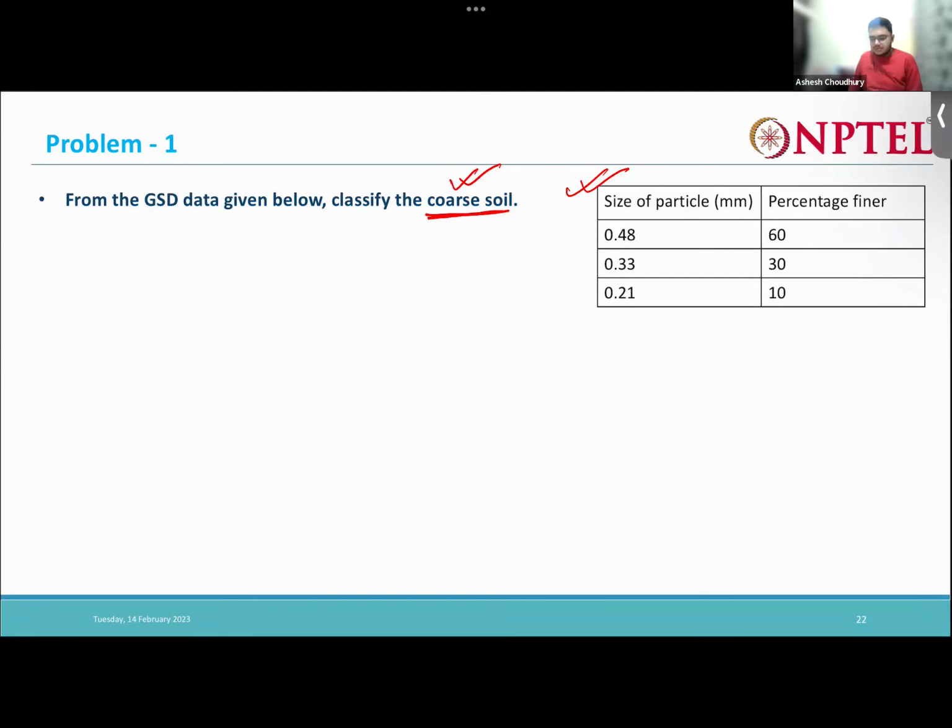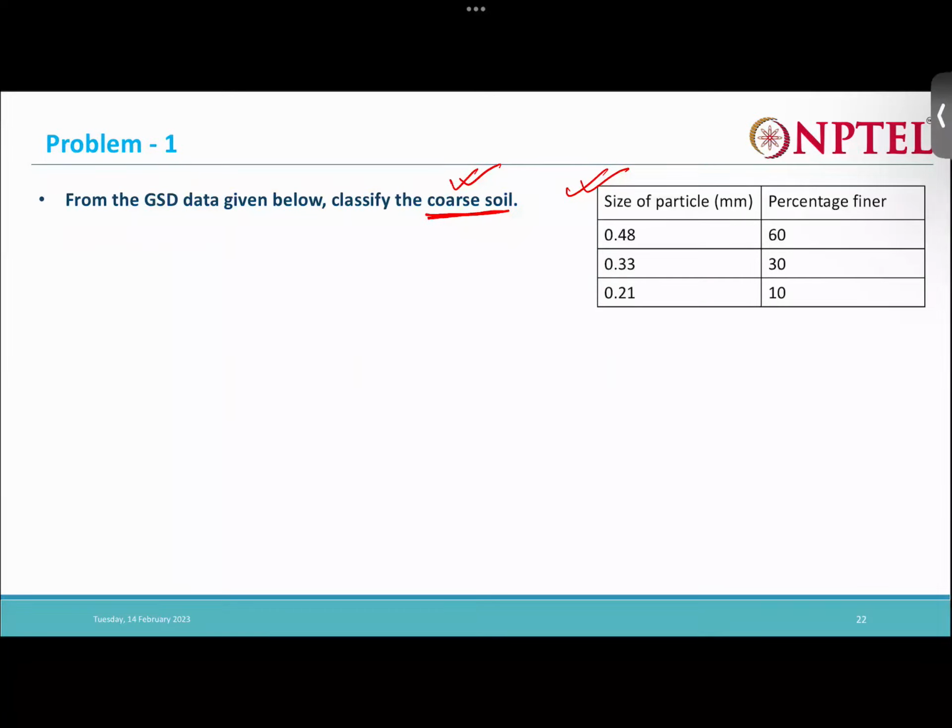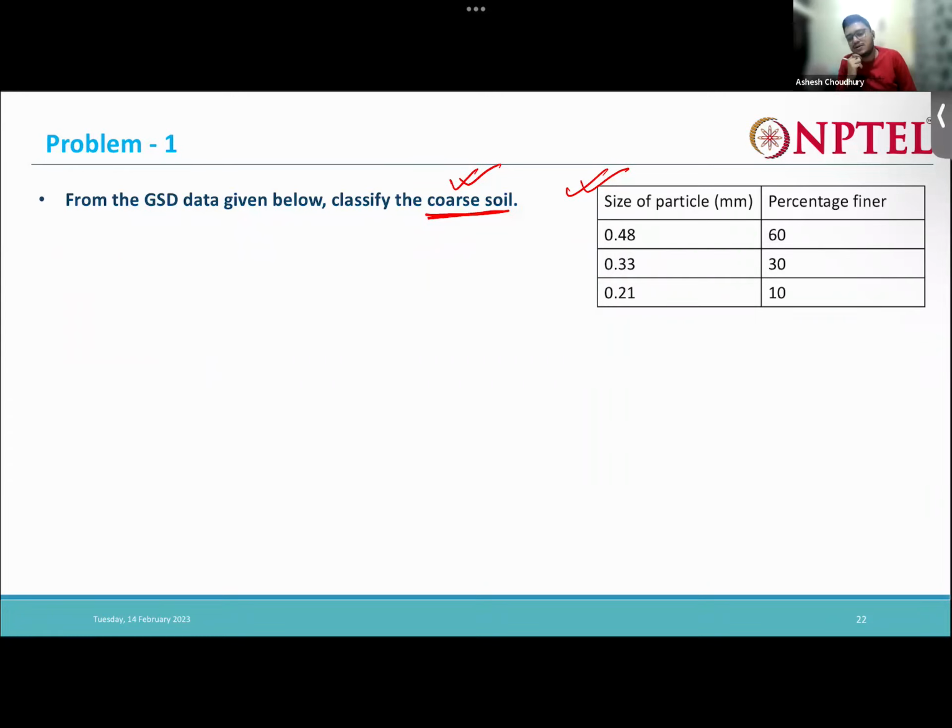Is it gravel? How is it gravel? Because 60% is passing through 0.48 mm. What is the size of gravel?